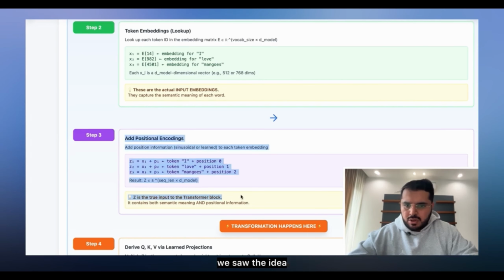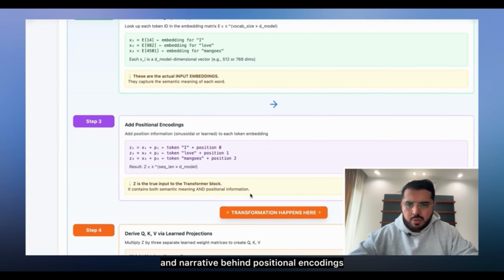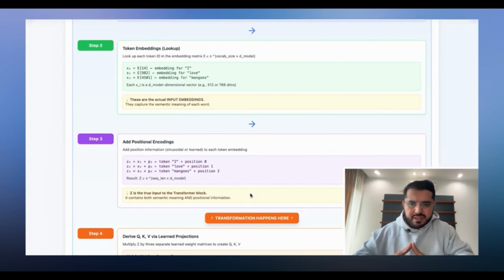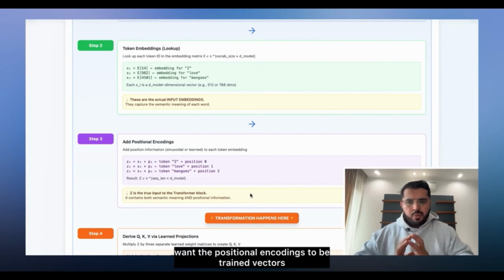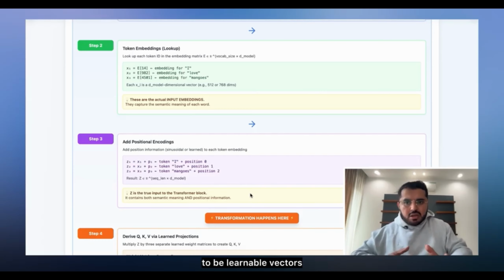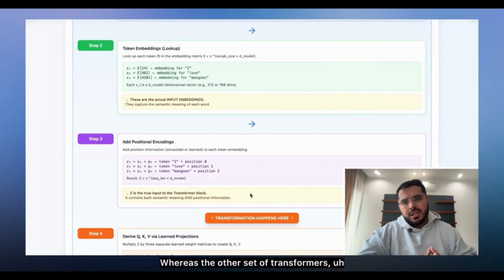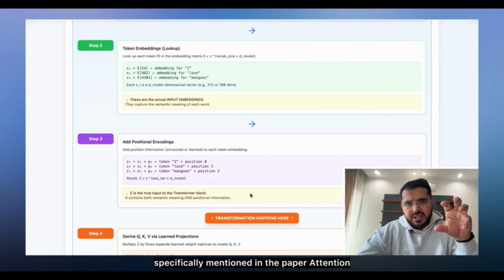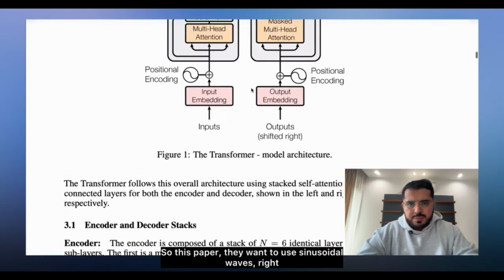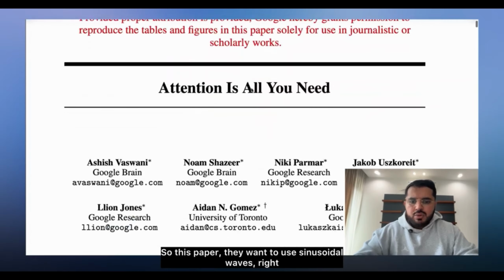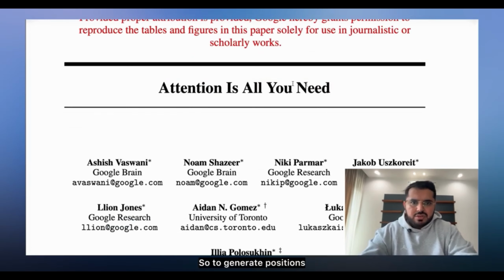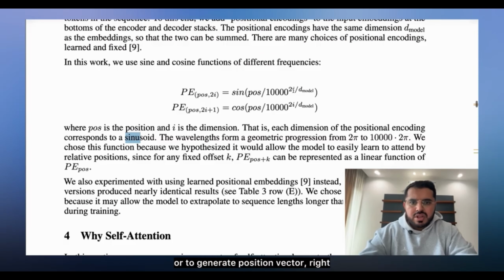Positional encodings, we saw the idea and narrative behind positional encodings. Some transformers, like the GPT family, want the positional encodings to be trained vectors, learnable vectors, whereas the other set of transformers, specifically the one mentioned in the paper Attention Is All You Need, want to use sinusoidal waves to generate the position vector.